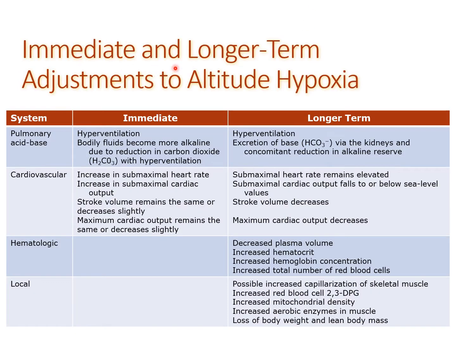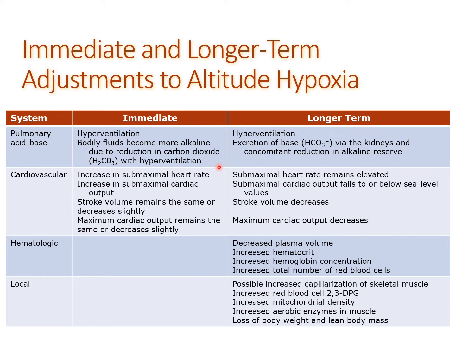Okay, so we're going to look at immediate and long-term adjustments to altitude hypoxia. How does your system change related to this decrease in oxygen in your system? With the pulmonary system, we're going to see a change in your acid-base content. We're going to get this immediate hyperventilation, which means you're going to be breathing faster. And what happens when you breathe faster is you actually breathe out more carbon dioxide than you take in. If you've ever hyperventilated in your life, you start to get a bit lightheaded.